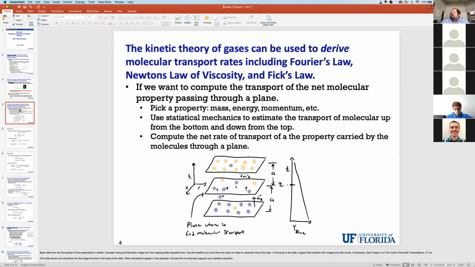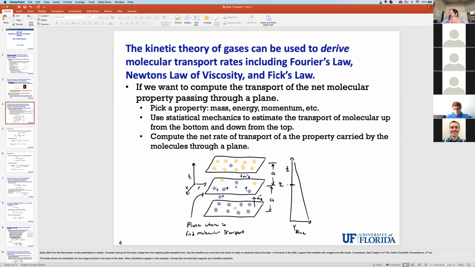Okay, so I'm going to describe a sort of phenomenological theory. I'm not going to do any real calculations with this. In the other combustion class, we do, but the kinetic theory of gases can be used to derive, as I said before, rates that arise from the transport of molecules, including Fourier's law, Newton's law of viscosity, and Fick's law of diffusion.